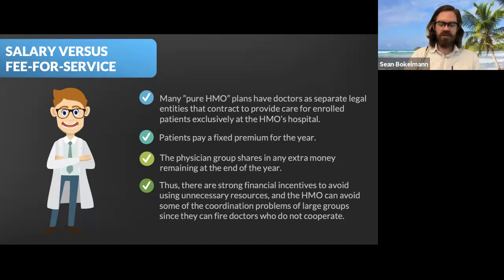And as we learned previously, in other arrangements, it can be difficult to fire doctors for several reasons, right? But that barrier or that limitation is sort of relaxed for HMOs. They have an easier time firing doctors that don't perform well or don't cooperate.